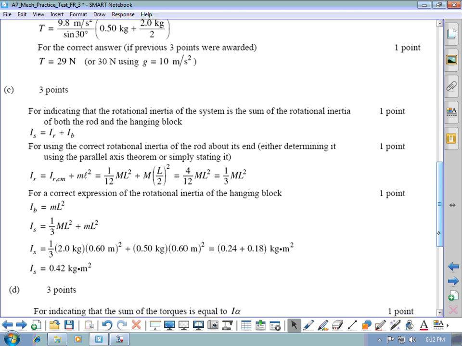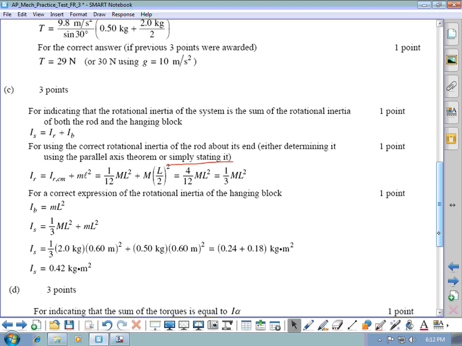And then it was 1 point for correctly calculating the rotational inertia of the rod. So that was using the parallel axis theorem, where they said if you simply state that the rod about its end is 1/3 ML squared, that was perfectly okay. And then it was 1 point for the correct expression for the rotational inertia of the hanging block, which was ML squared.